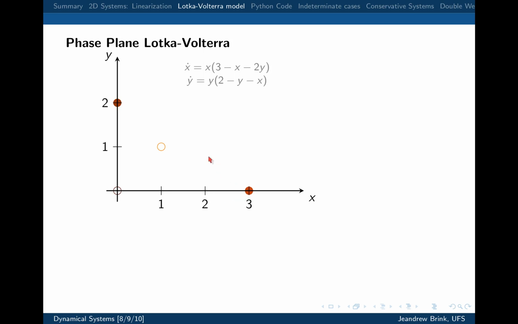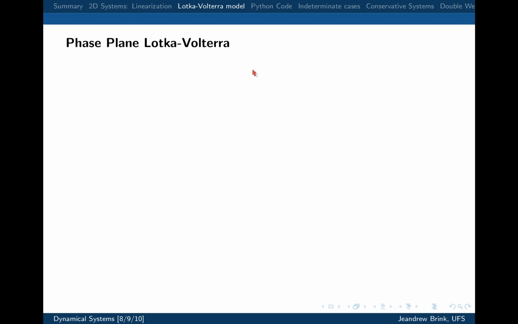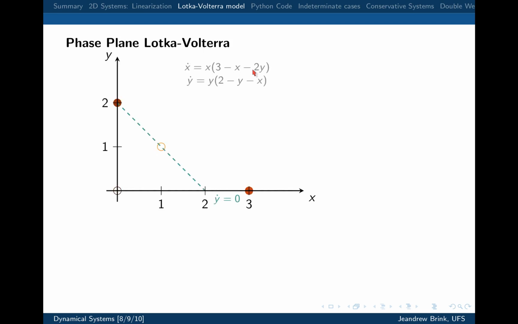The next thing I do is put in all the nullclines that are computed. So remember, the nullclines are when y dot equals 0, the nullcline is y equals 2 minus x. So it's this line. That's one of them. I put in the arrows on that line.